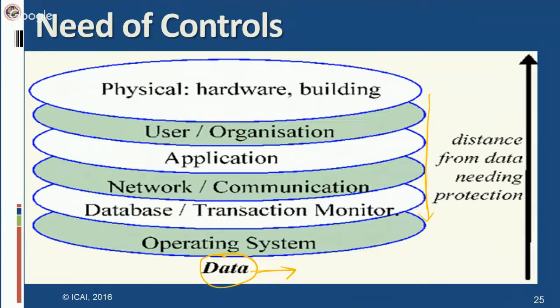But even after the implementation of controls at these layers, there could be a possibility that an attack still occurs and reaches the data and tampers it or may leak it, then we should have the detection and correction mechanisms with us. So the controls are basically the prevention. We need to put the preventive controls so that the attack, first of all, in its first line, should not occur. But even if it occurs, we should be able to handle it.